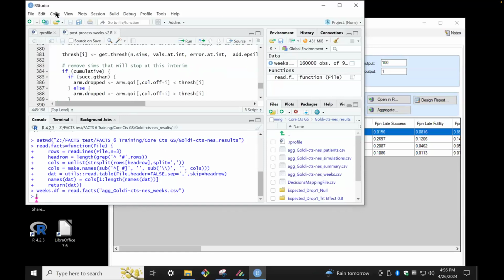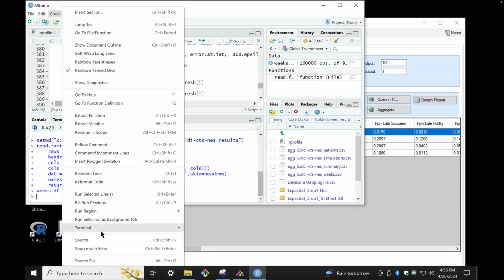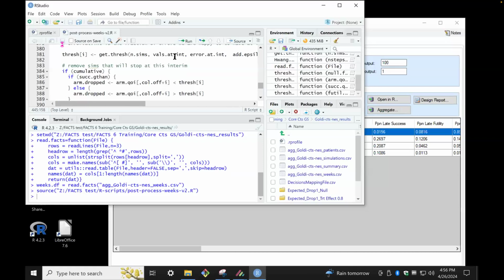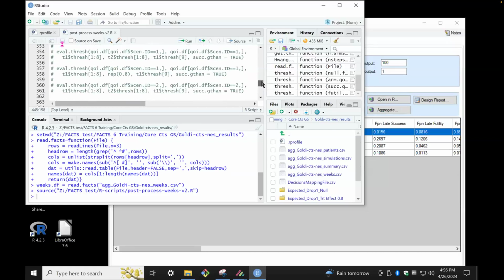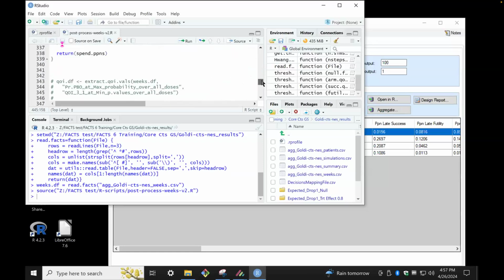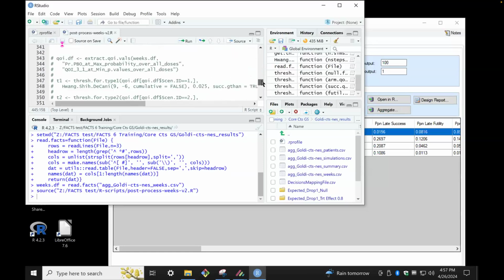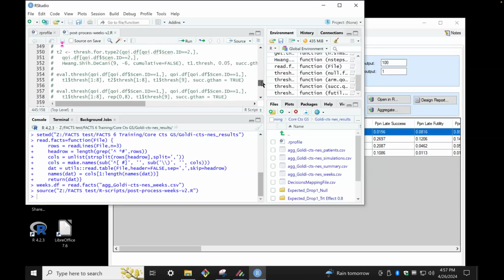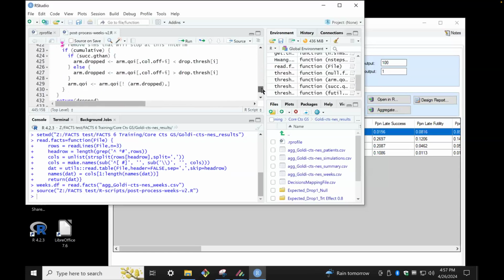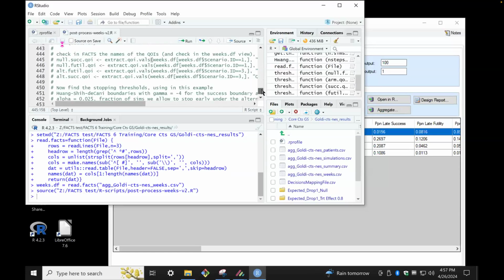So here's my file with my function in. And here's my example code.